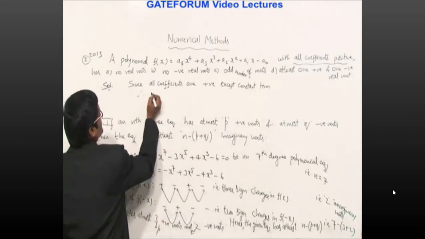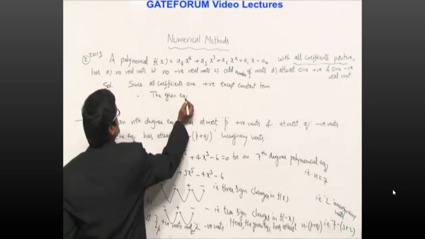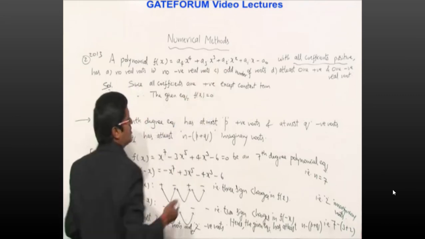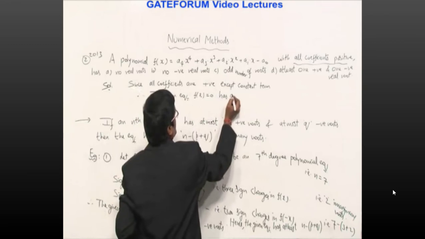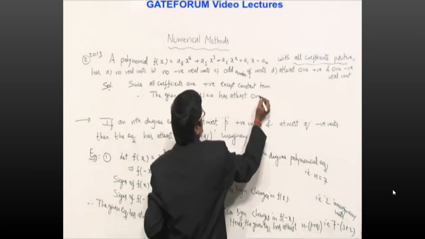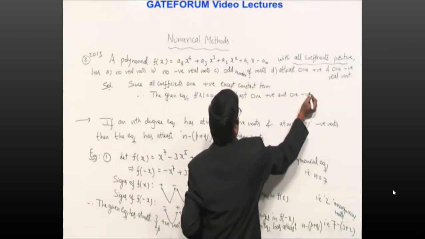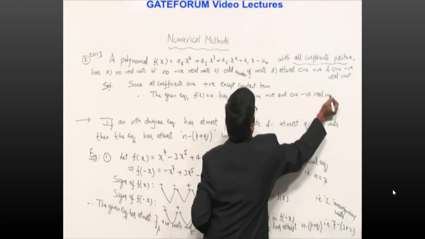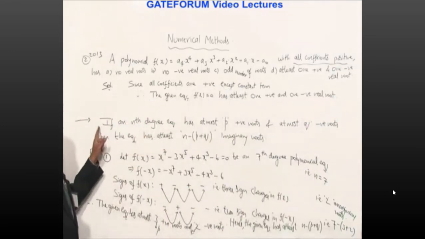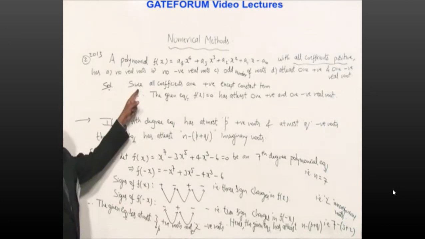Therefore, the given equation f(x) = 0, this is our fourth degree equation, has at least one positive and one negative real root. Just see, after this statement, have provided that related formula.